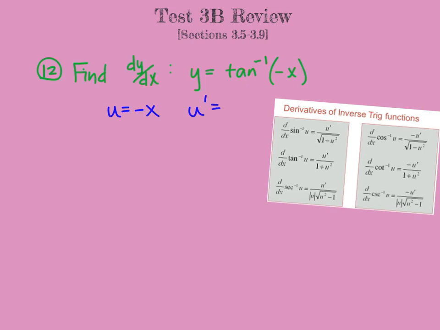So u prime is negative 1. Using our formula, we'll have negative 1 in the numerator over 1 plus u, negative x, squared. When we square negative 1, we get 1, and when we square x, we get x squared. So this simplifies to negative 1 over 1 plus x squared.